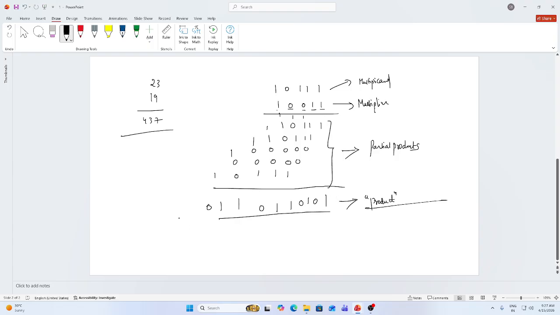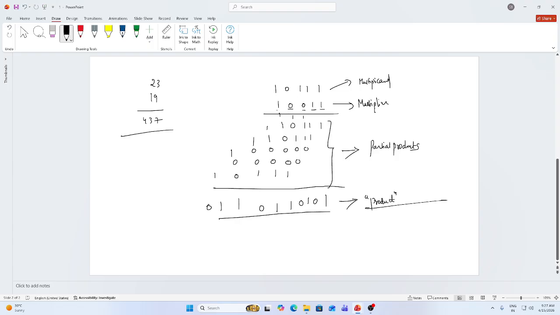Okay, so now the point is the same. This is the traditional pen and paper method which we follow, but in reality, if you want to implement the same thing in hardware, we try to make little changes to this method.